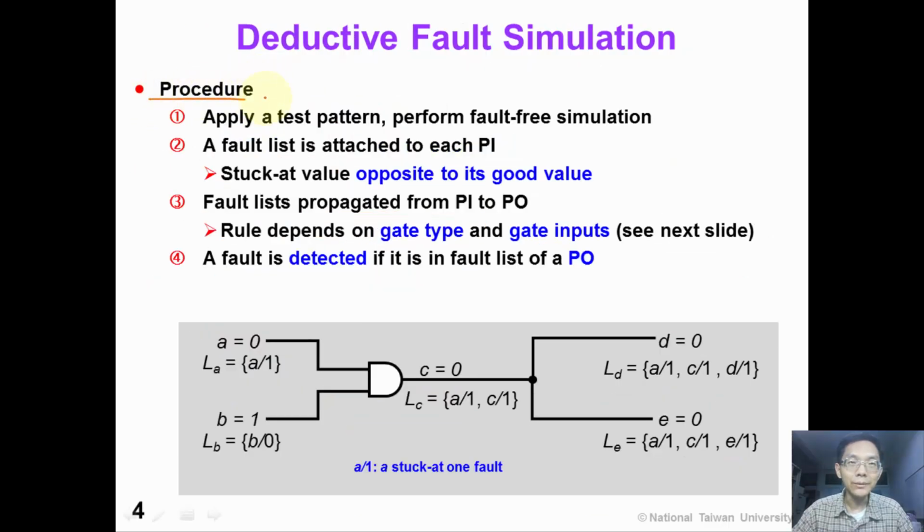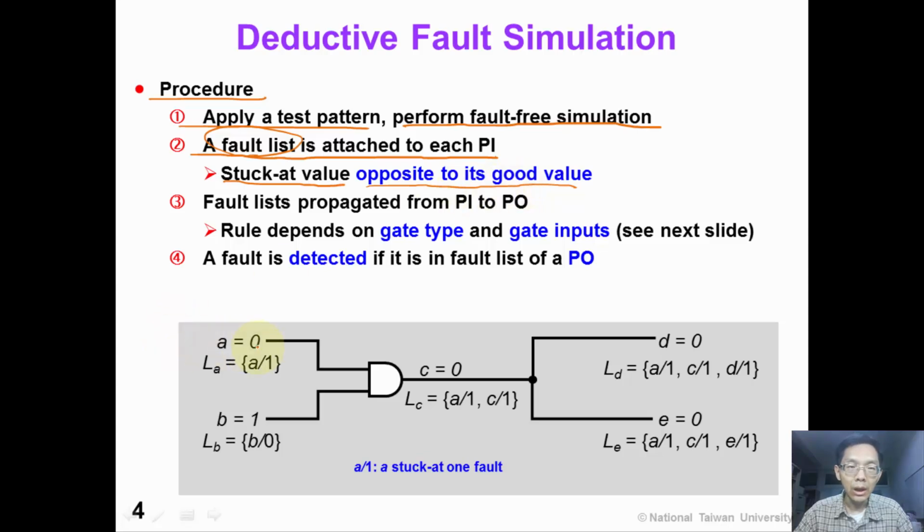The procedure of deductive fault simulation is like this. Step 1. Apply a test pattern. Perform a fault-free logic simulation. Step 2. For each primary input, we attach a fault list. The stuck-at value is opposite to its good value.